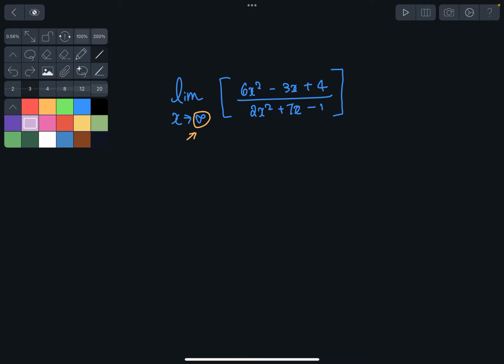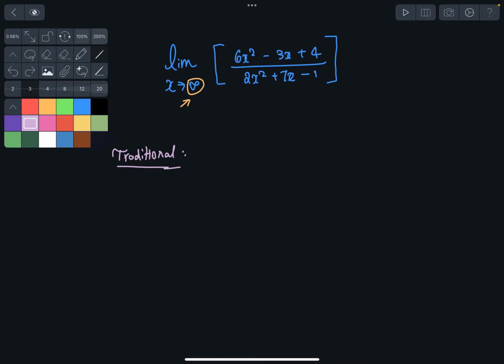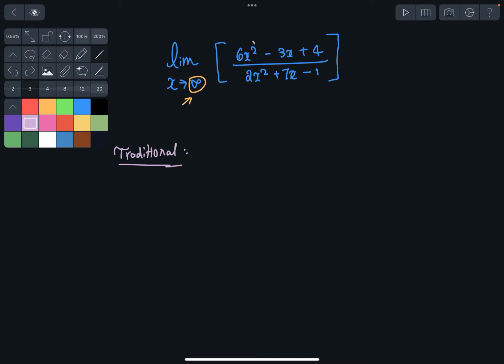I'll show you a shortcut and a long cut. First, I'll show you the traditional long method. Using the traditional method, in order to find this, you're going to want to divide through the entire expression by the highest degree.